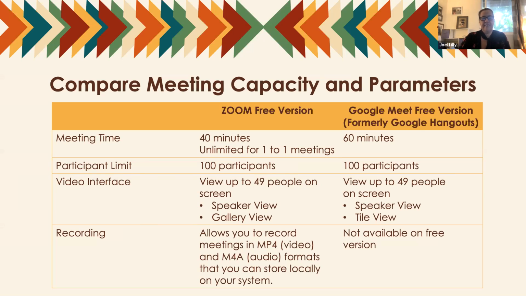Google Meet has a time limit of 60. As you can see with the participant limit and the video interface, they're very similar. When it comes to recording, however, only Zoom free version allows for recording, and you actually have to store that recording on your desktop or hard drive.